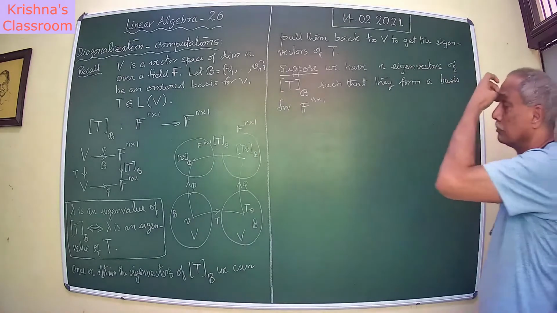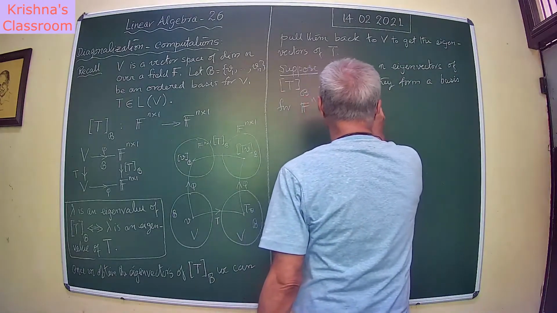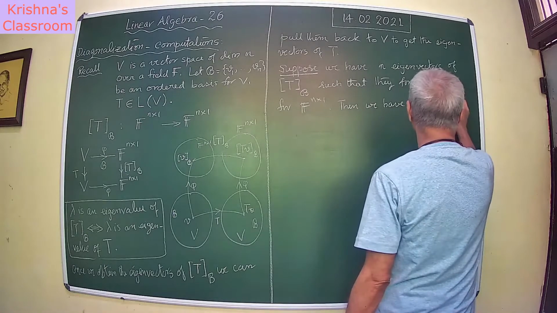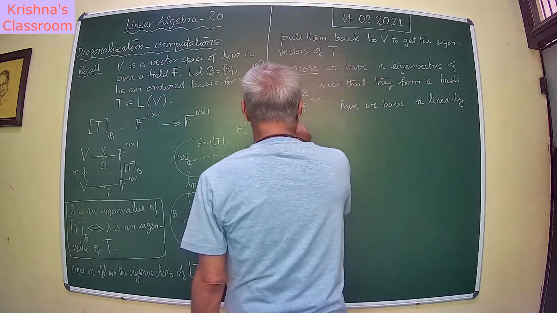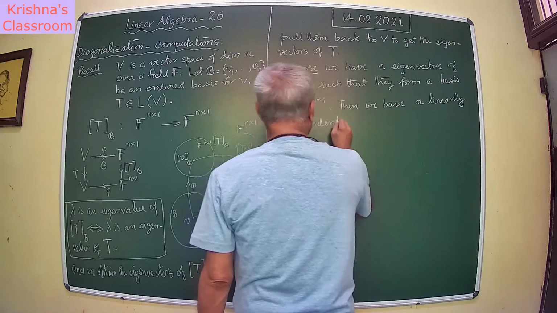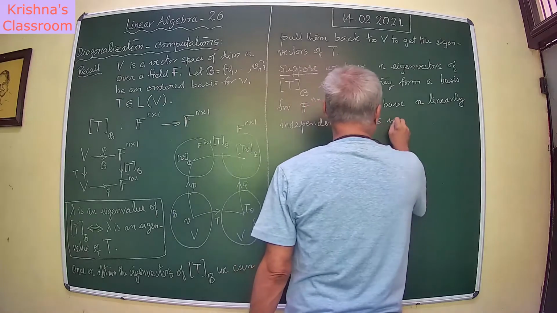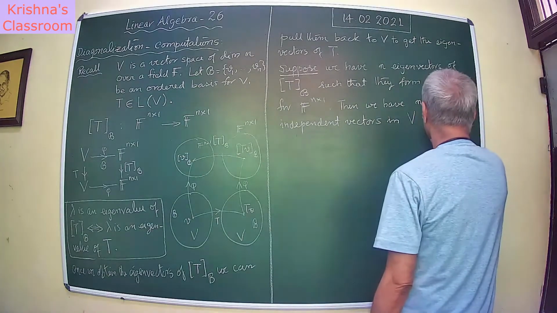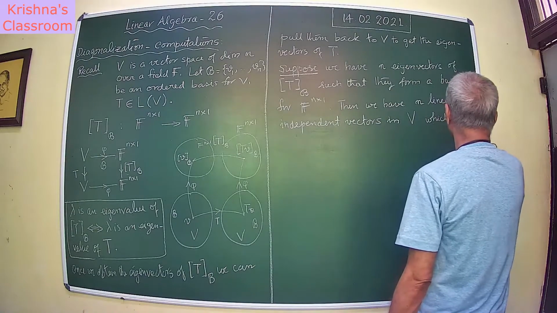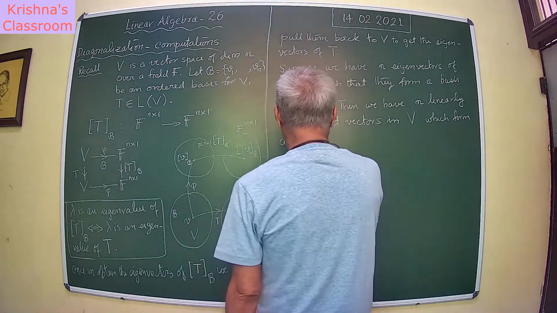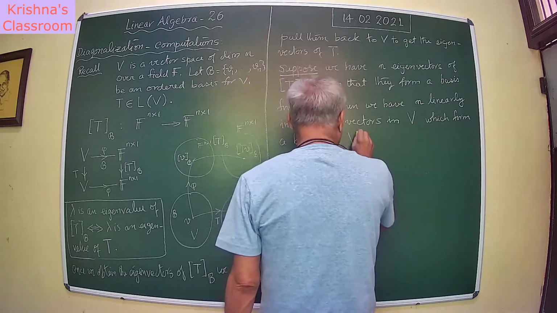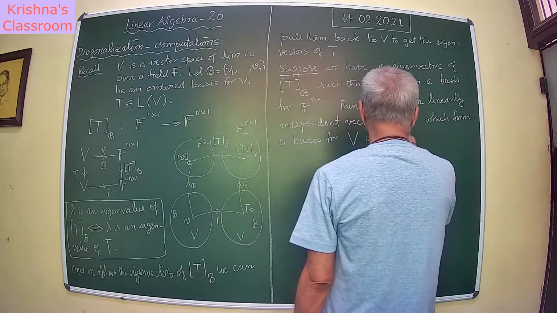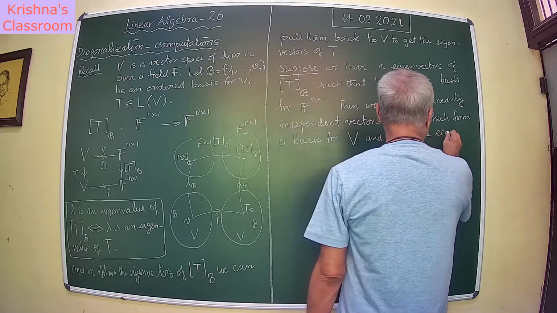Supposition. Then we have n linearly independent vectors in V which form a basis for V, and which are eigenvectors of T.